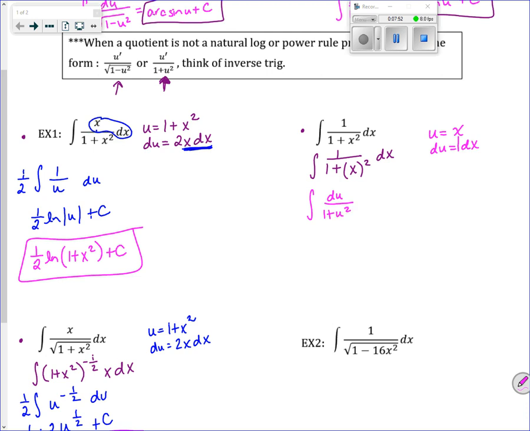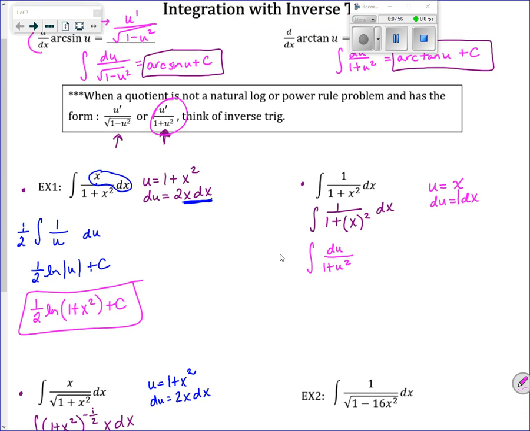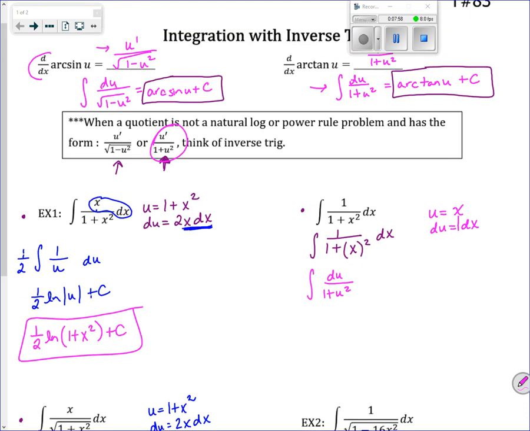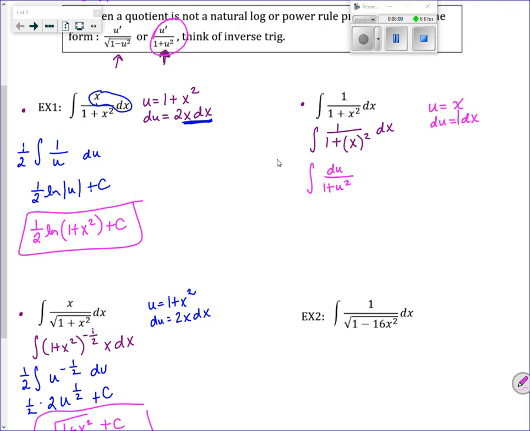How does that integrate? Well, we already talked about how that integrates. That goes to arctangent of u, and of course in this problem our u was x, so I get this.